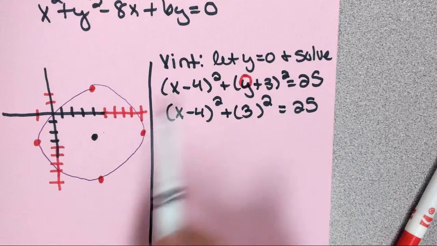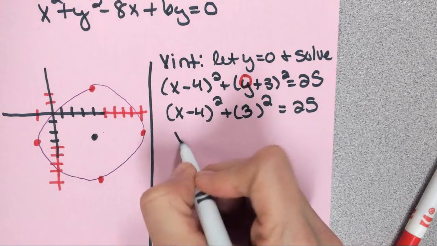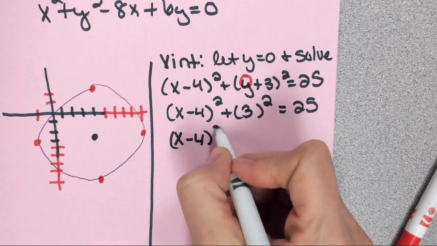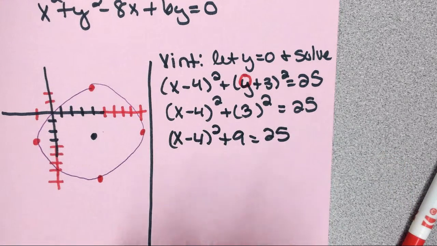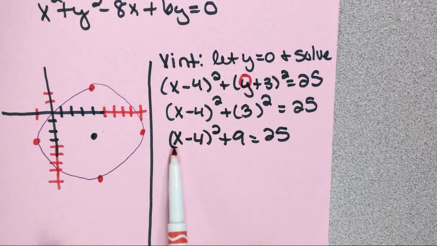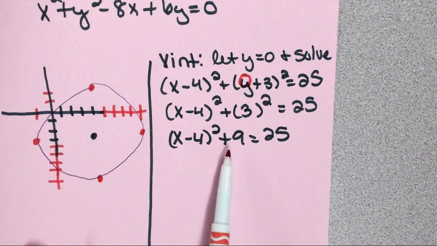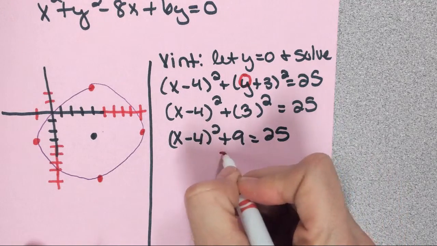So if I'm going to solve this for x, what's 3 squared? 9. It's not a trick question. Still nothing difficult, it's just a lot of work. I'm trying to get this x by itself. Who's got to go? How do you get rid of a plus 9?